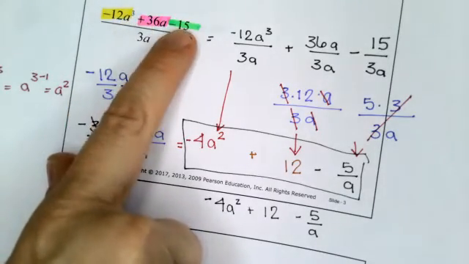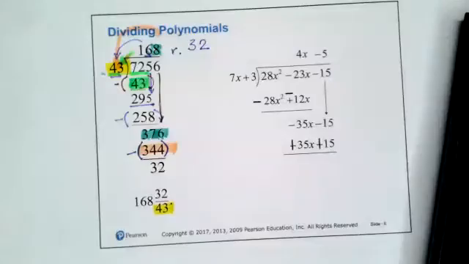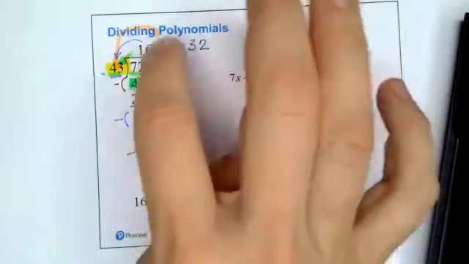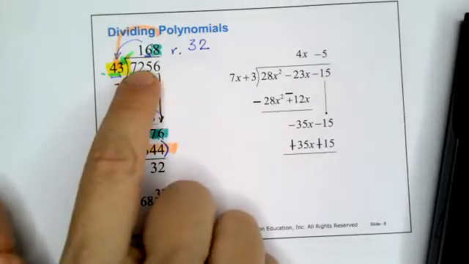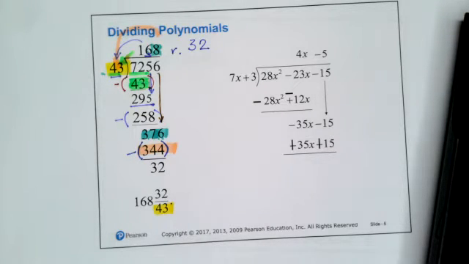We can say it's positive 12, but then we have to say it's negative 5 over A, okay? Here we got 168, but then we had 32 left over. And so we leave it over what we were originally dividing by. And this, okay, this is the horizontal way to do division, right?